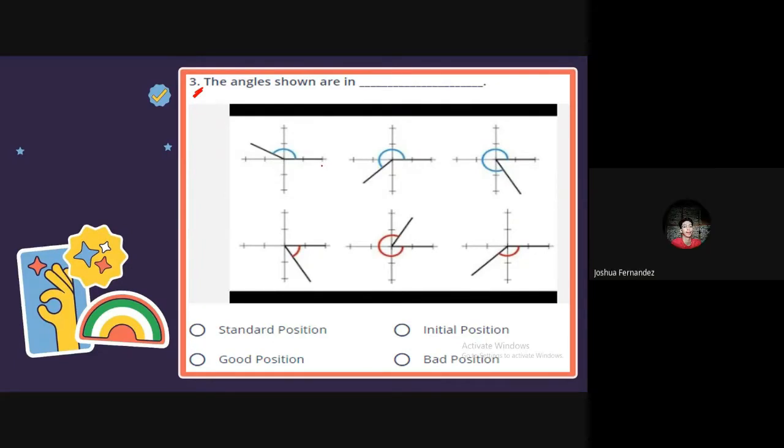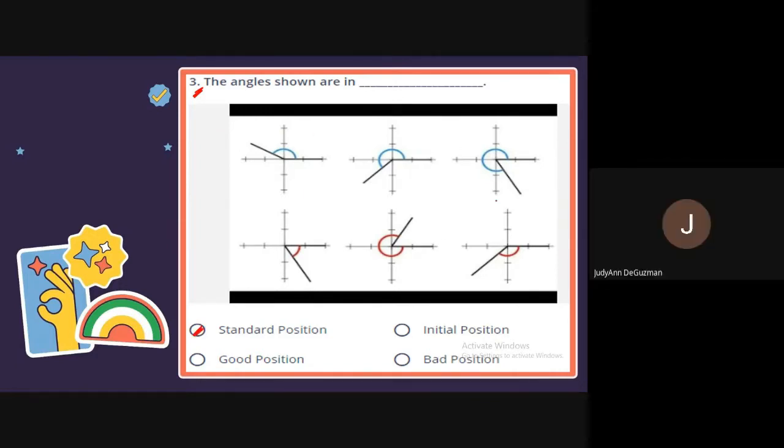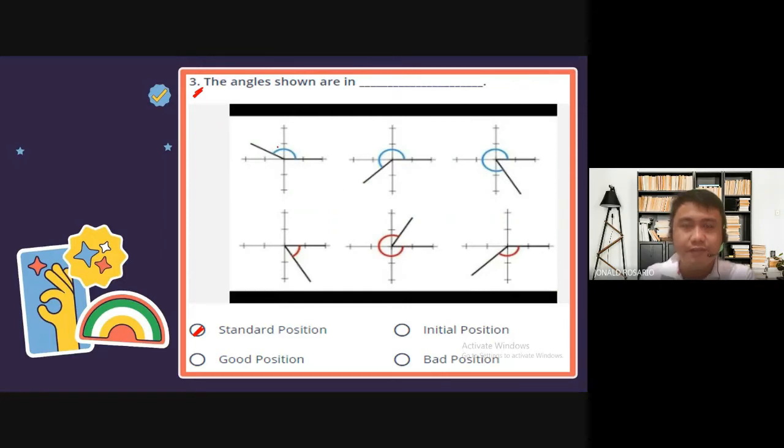Standard po, sir. Standard, very good. So, the angles shown are in standard position. We have 6 angles here. Ayusin lang natin kasi walang arrow. Ito, may arrow dapat sila. Okay.